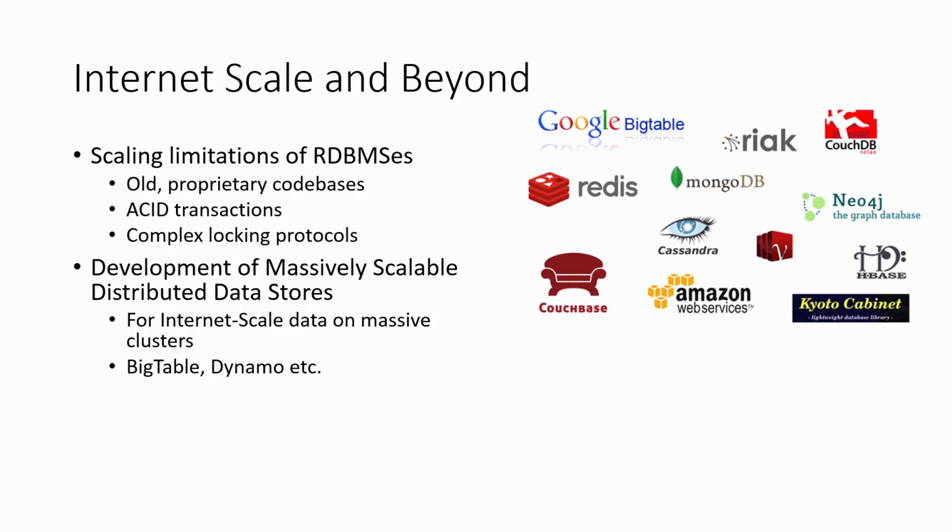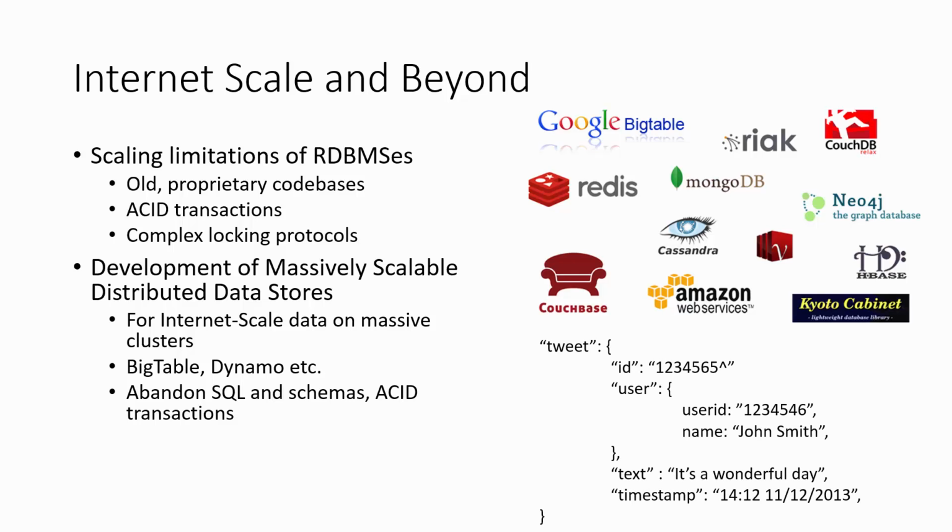Now we have a number of these systems. They abandon, in some sense, SQL and schemas and ACID transactions, so they have different use cases. Many of these systems do not even use the strict SQL style schema that we saw in the previous slide.